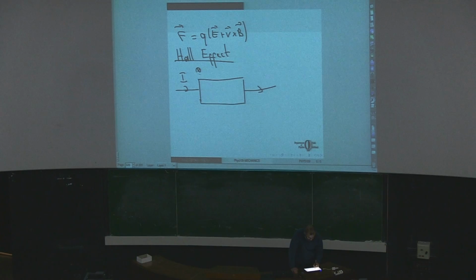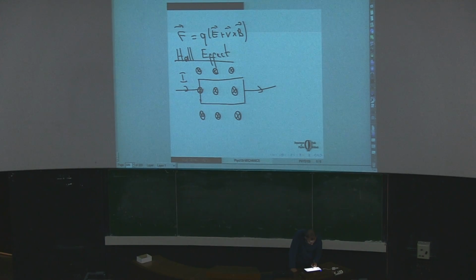So there's a magnetic field. We take this, put it in a magnetic field, and let that current flow. Now, what are the charge carriers? What is this current made of? A metal, let's say, an ordinary metal. The electrons will be moving.